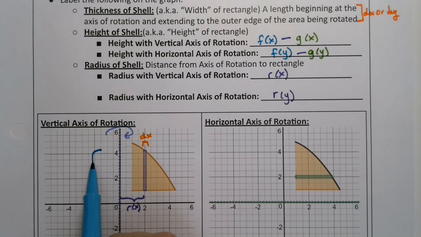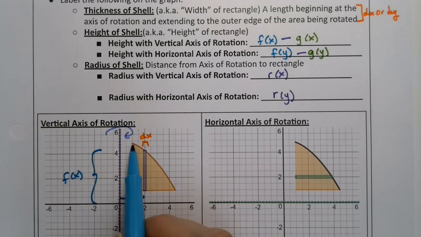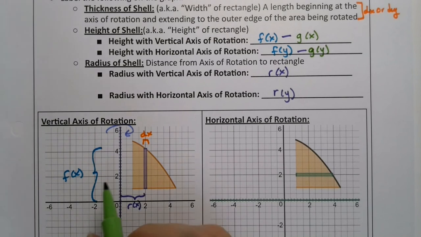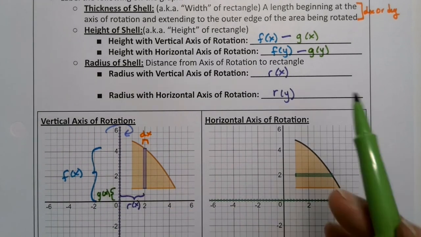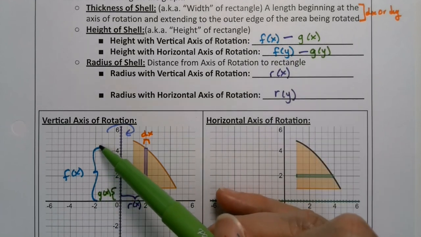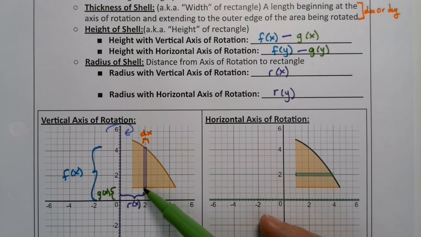So from here all the way down, that's f of x. That curve all the way back to the x-axis is f of x. And this little curve right here is g of x. Now maybe you see what I mean when I said the height is f of x minus g of x. It's the long height from 0 up to that top part, and then from 0 up to that small part. And the difference between those two is the length of that rectangle.